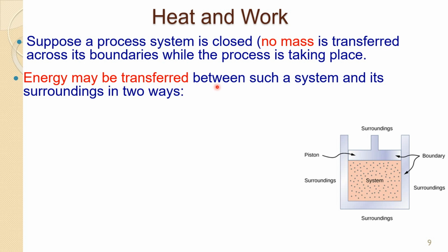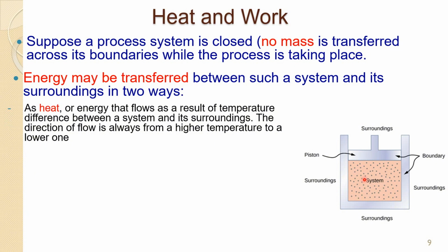Energy might be transferred between such a system and the surroundings in two ways. So if you have a system here, the mass cannot be moved away, but energy can be transferred. In what way? One is heat. If you push this piston down, the system might get hot, the temperature increases, and with a high temperature and a low temperature, the heat will transfer from inside to the outside.